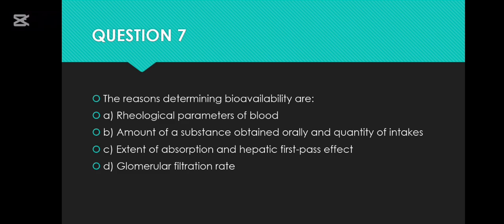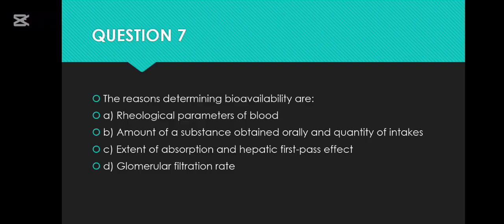Basically, the amount of substance obtained orally and the quantity of intake has nothing to do with it, because with bioavailability we are looking at how much you have given and what is the output. It has nothing to do with whether you gave much or you didn't give a lot. C, extent of absorption and the hepatic first pass effects.